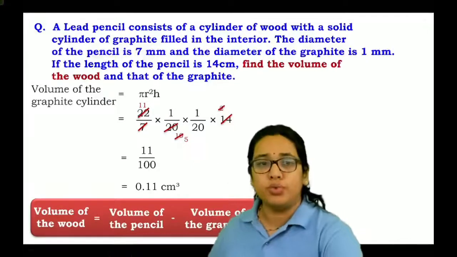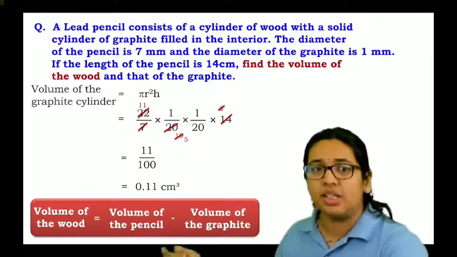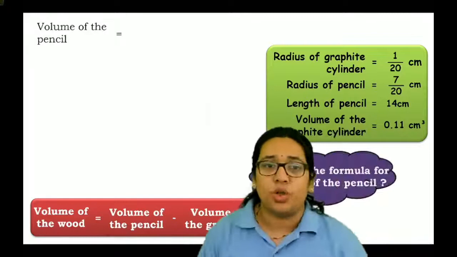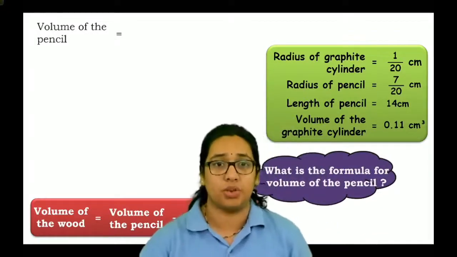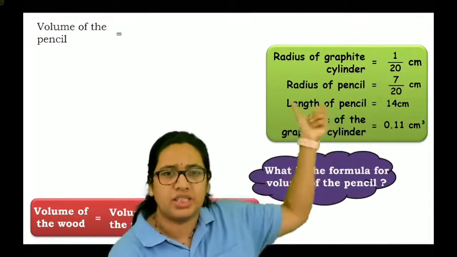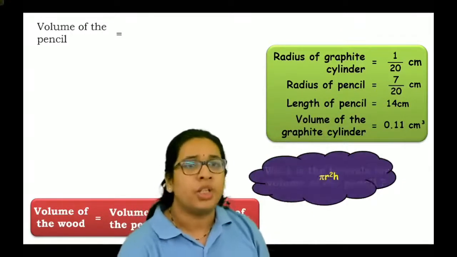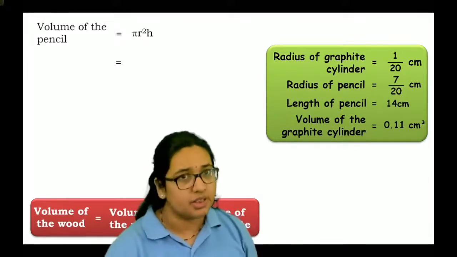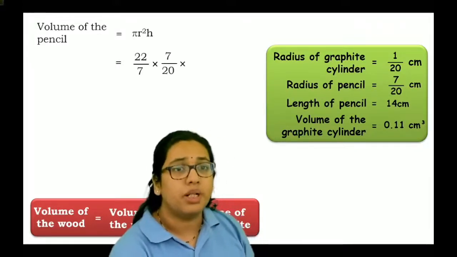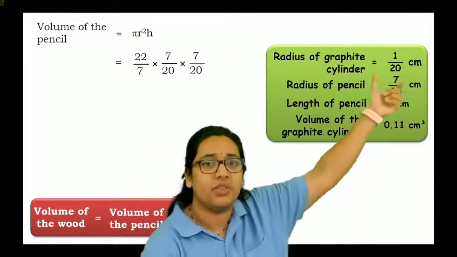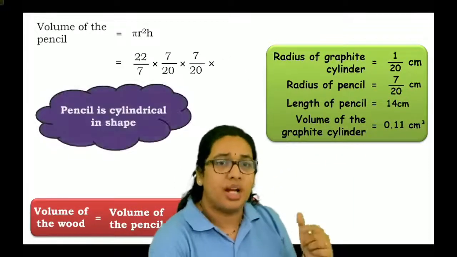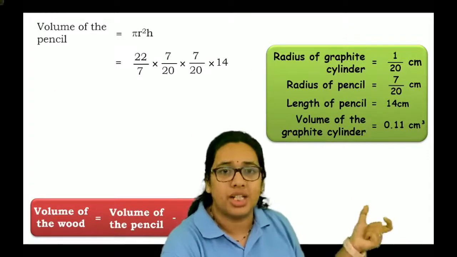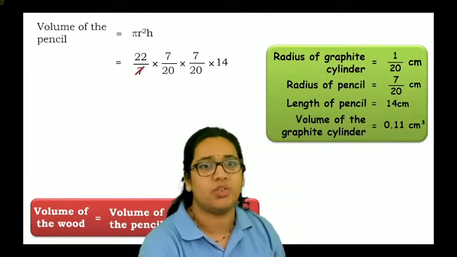Hence, the volume of the wood, if you want to find that, is nothing but the volume of the pencil minus the volume of the graphite. So for the volume of the pencil, again check the radius of the pencil and the length of the pencil. You will get the volume of the pencil as pi r square into h, but the radius of the pencil is given as 7/20, so r square means 7/20 into 7/20 into h, so h is nothing but the length of the pencil, which is given as 14.